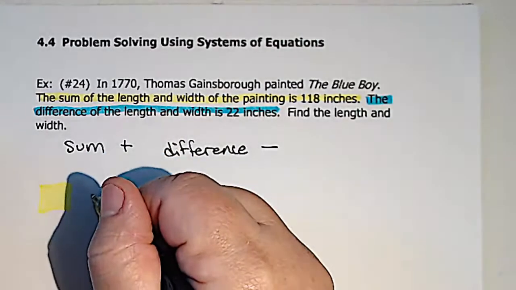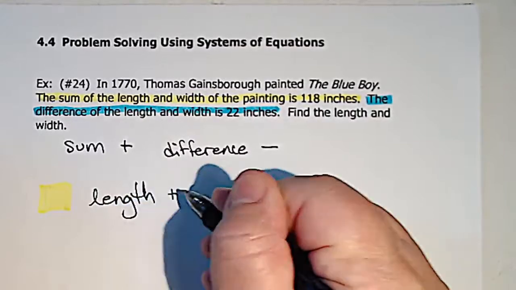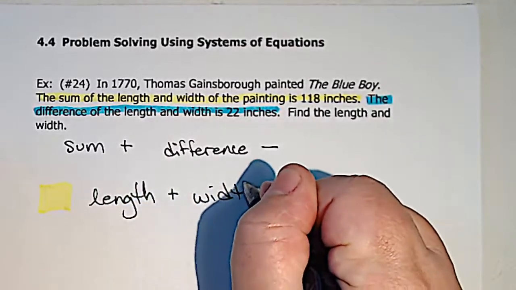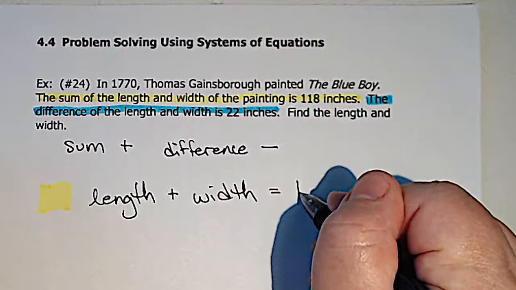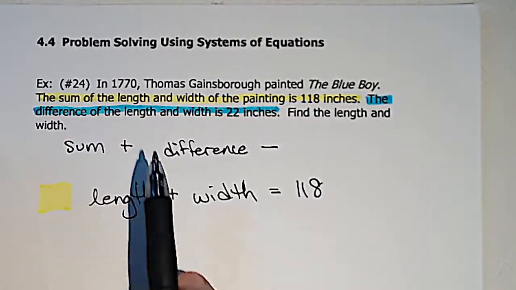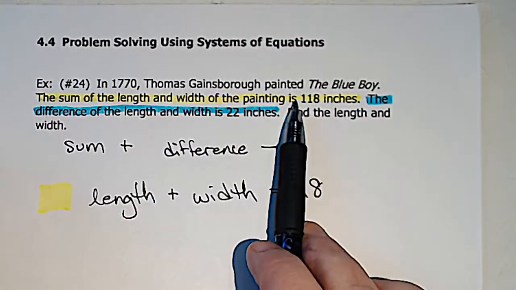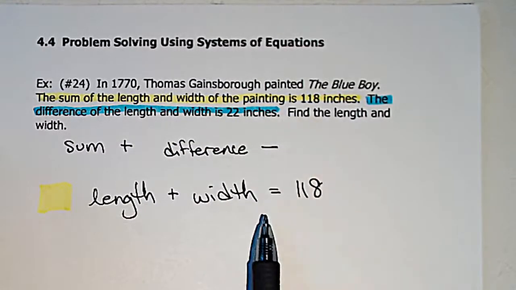So I'm going to say length plus width equals 118. So the sum, so we're adding them, of the length and width of the painting equals 118. Okay, so that's the yellow sentence.